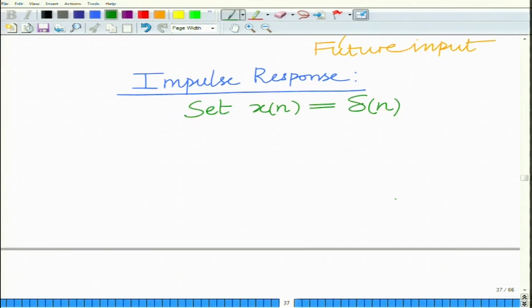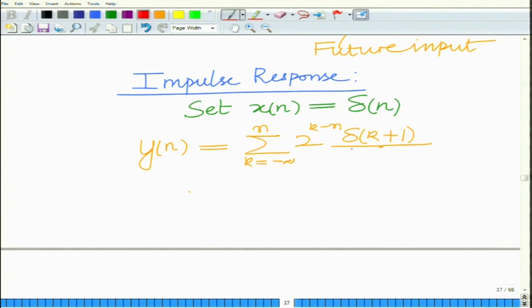What we will have is y[n] equals the summation, k equals minus infinity to n, of 2 power k minus n times delta[k plus 1]. And remember, delta[k plus 1] is equal to 1 if k plus 1 equals 0, which implies k equals minus 1, and equals 0 otherwise.